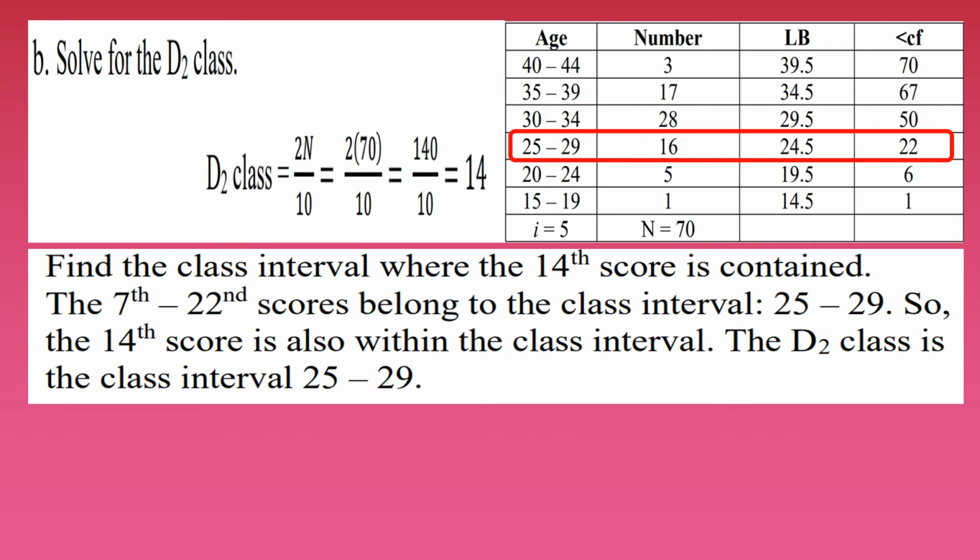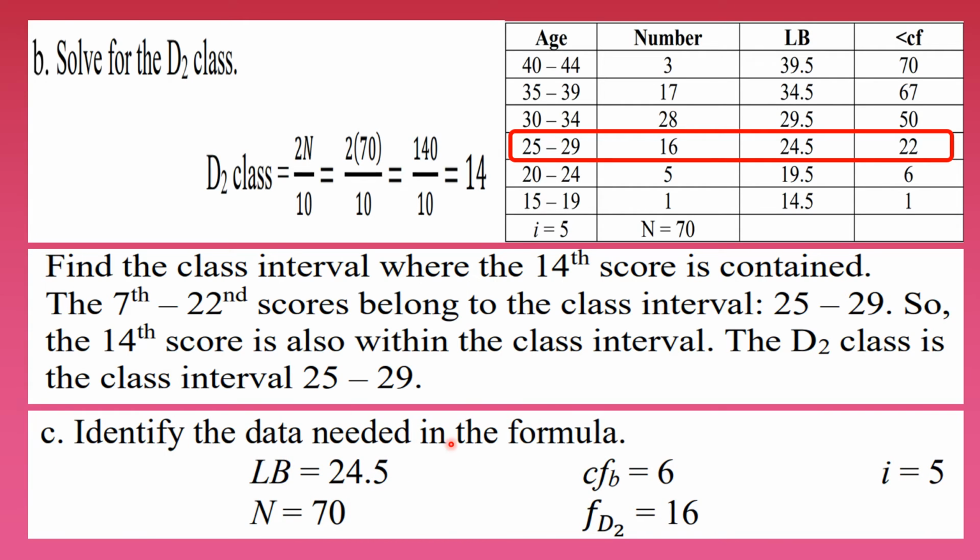Find the class interval where the 14th score is contained. The 7th to 22nd scores belong to the class interval 25 to 29. So, the 14th score is also within the class interval. The D sub 2 class is the class interval 25 to 29.